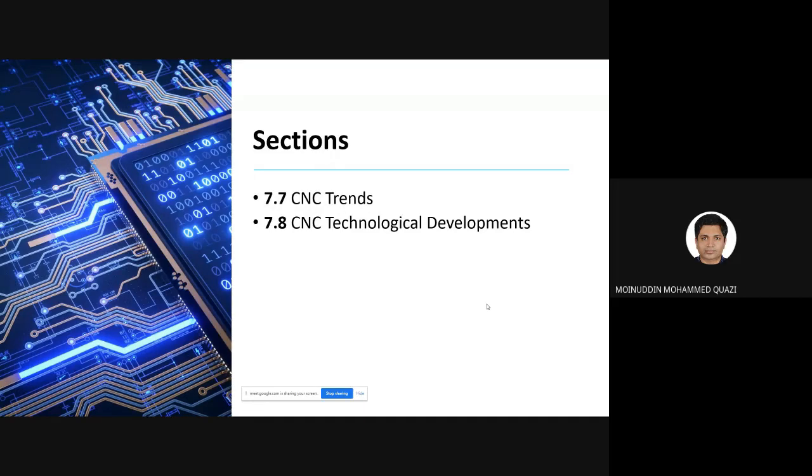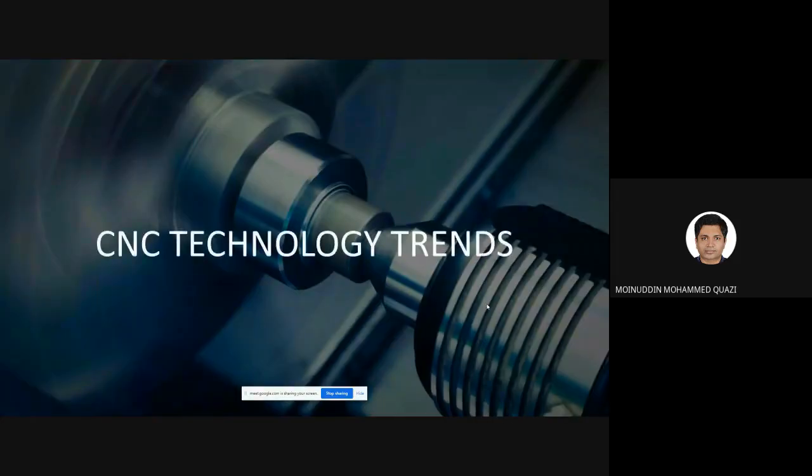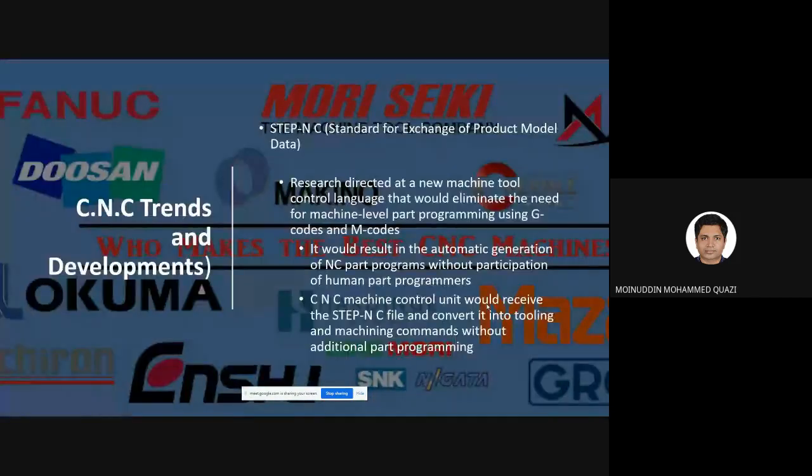They are now getting integrated with new systems, machine learning, artificial intelligence, etc. So these are some things which are coming up nowadays in the current CNC technological development and trends. So what are those trends, and how do we see CNC systems based on those trends? Let's make a start. So, CNC technological trends.